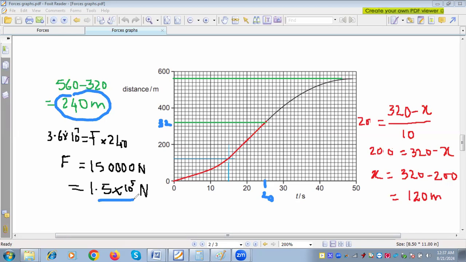So the force is coming 1.5 into 10 raised to the power 5 Newton.